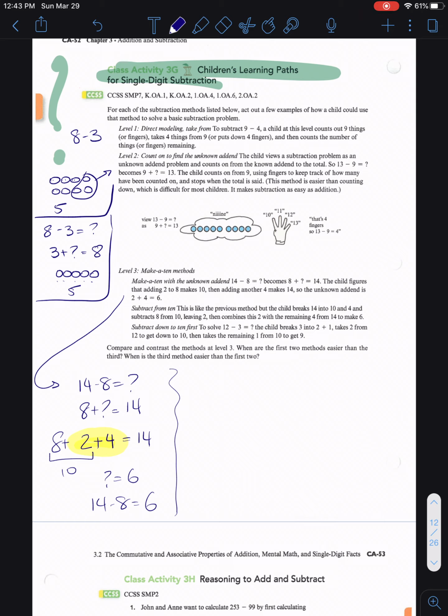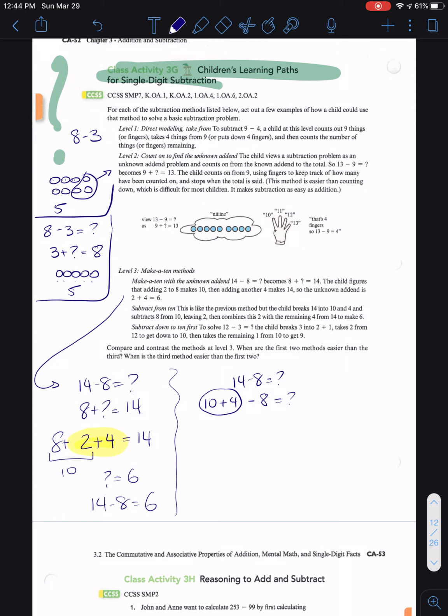Okay, subtract from 10. So if we have 14 minus 8, and we don't know what that is, I would really love to, instead of subtracting 8 from 14, subtract 8 from 10. So what we can have here is 10 plus 4, minus the 8.